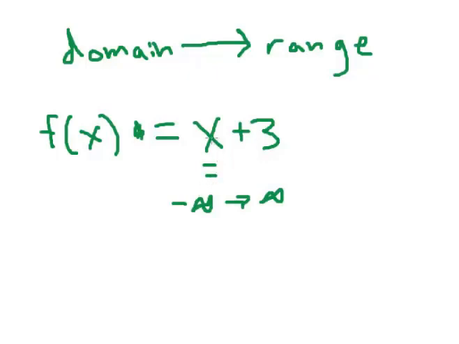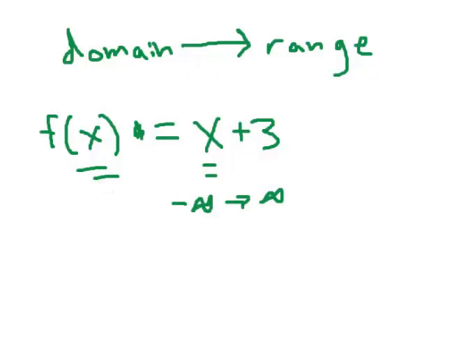Now this of course is a function because whenever x changes, y is going to change too. If x is 1, y is 4. If x is 2, y is 5. If x is 3, y is 6. If x is 4, y is 7. Or f of x in this case. Either way, every value of x is going to lead to a different result over here.